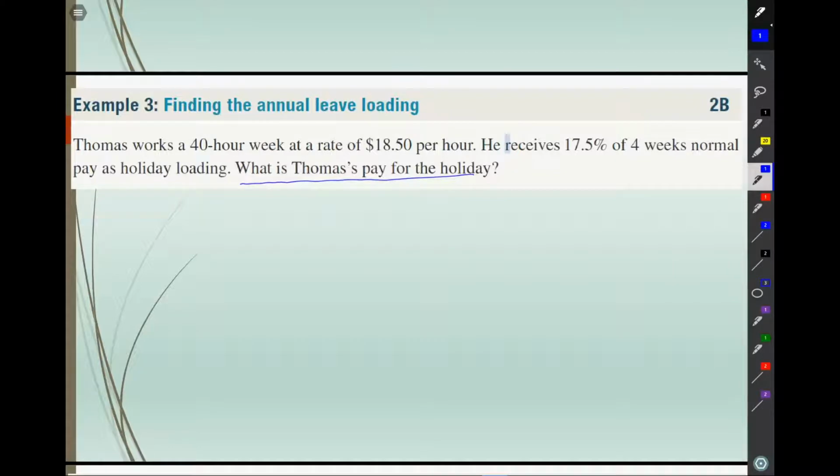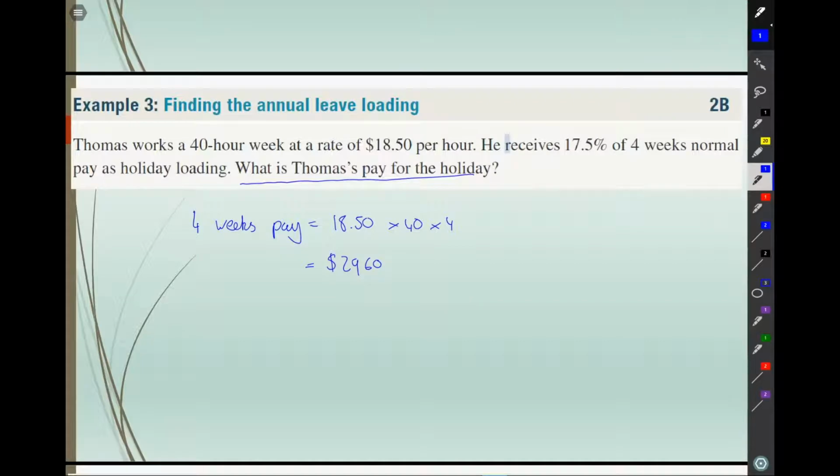So the first thing we're going to do is work out 4 weeks of normal pay. 4 weeks pay is equal to his hourly rate times the number of hours he works in a week times the number of weeks. We pop that into our calculator, we get 2,960.